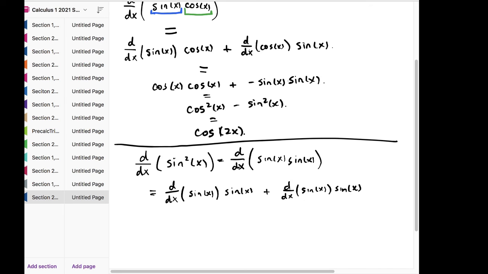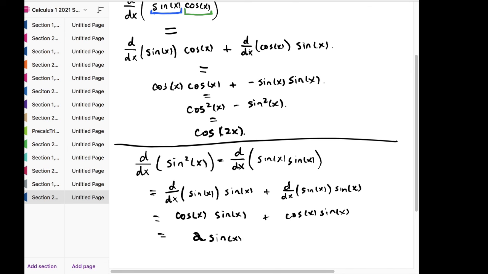Okay, the derivative of sine we established was cosine. So it's the same thing. So this is 2, say, sine cosine.